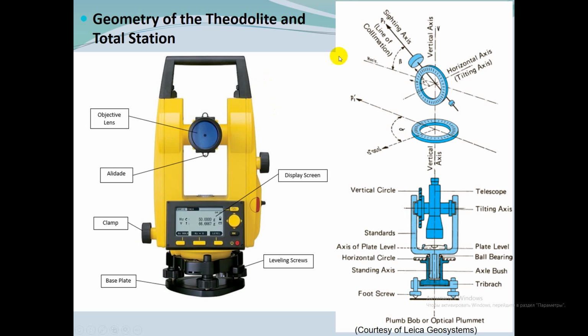The line of sight is perpendicular to the horizontal axis and should be truly horizontal when the telescope level bubble, if of course there is one, is centered, and when the vertical circle is set at 90 degrees or 270 degrees, or 0 for vernier transits.